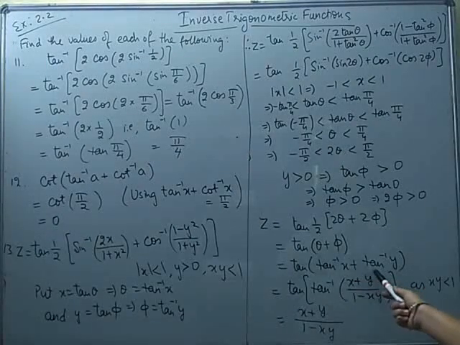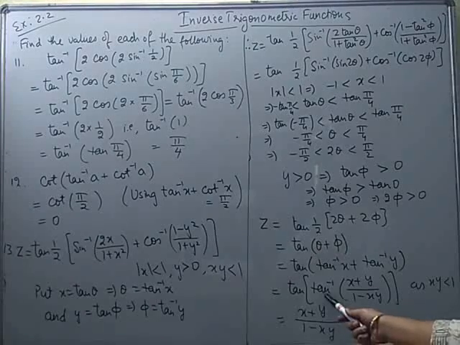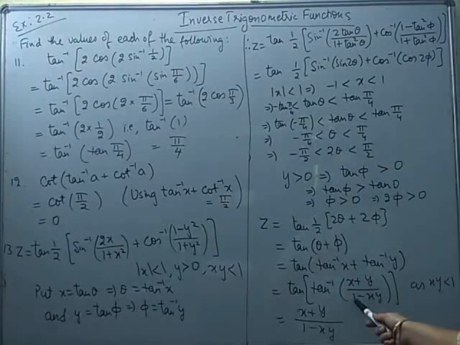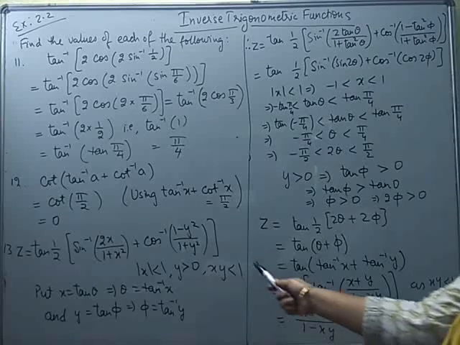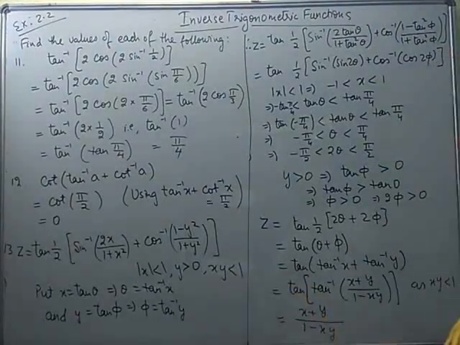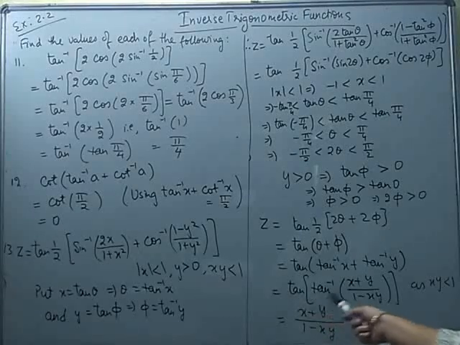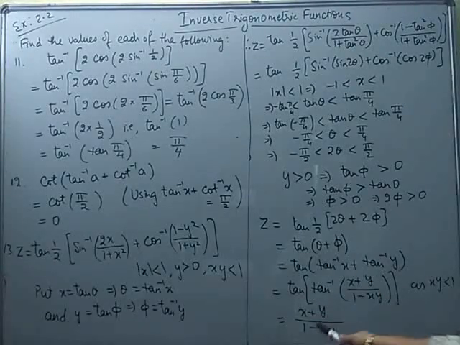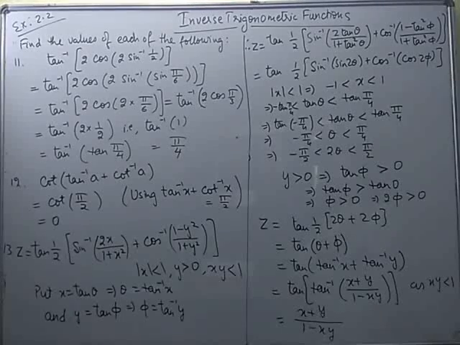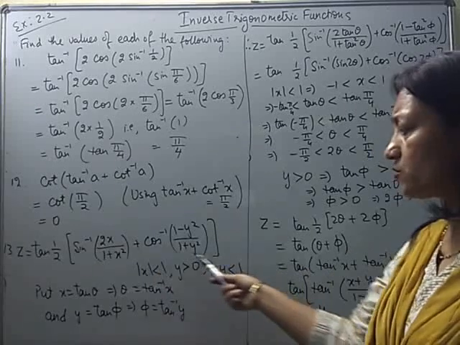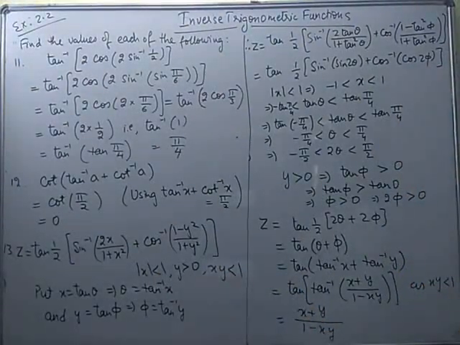See, we know that tan inverse x plus tan inverse y can be written as tan inverse of x plus y over 1 minus xy if xy is less than 1. So this is how we can write it. And tan inverse this can be written as x plus y over 1 minus x into y. So you can see all the conditions which are being put on the variables here. They are suitable and they make our simplification convenient and easier.